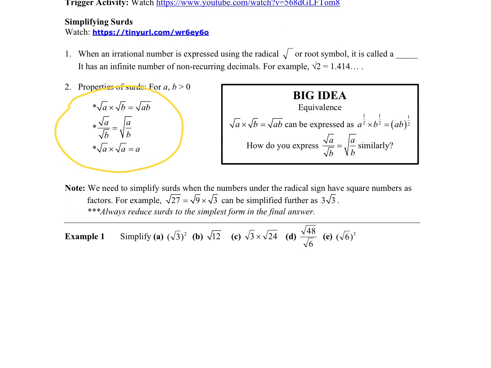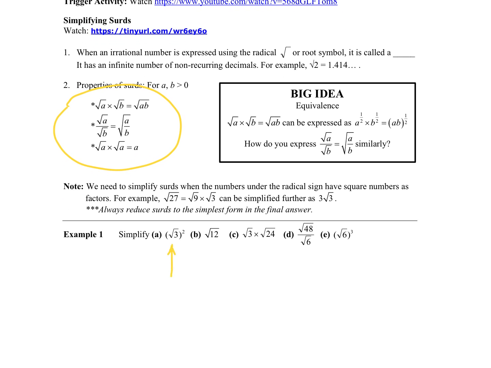So these three. So first thing first. First question, if square root 3, I ask you to square it. It basically means root 3 times root 3, which is just 3. Another way to look at it is this is 3 to the power of half. If it's separated by square, we multiply the power.